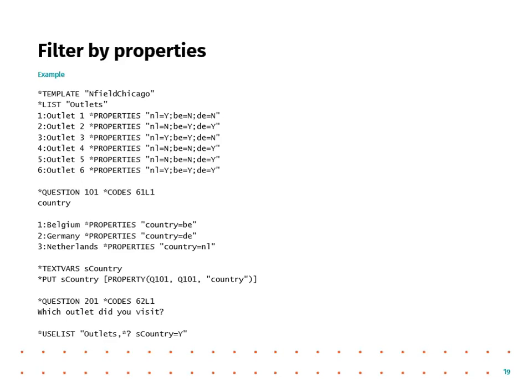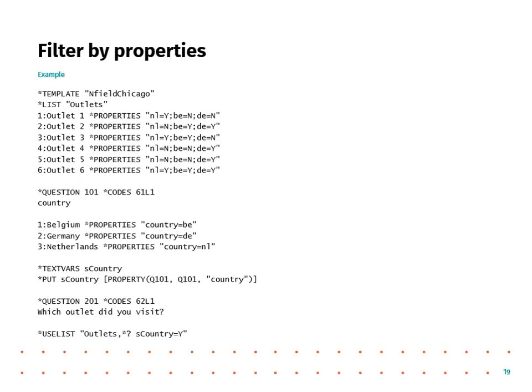Then I can use the property function inside an expression to get the property of that certain item. The property function works with the first argument, the question you want to reference, then the code you want to reference. In this case, I used Q01 first to reference the question itself, and the second argument, Q101, references the answer to question 101. And then I want to know what's inside the property country.